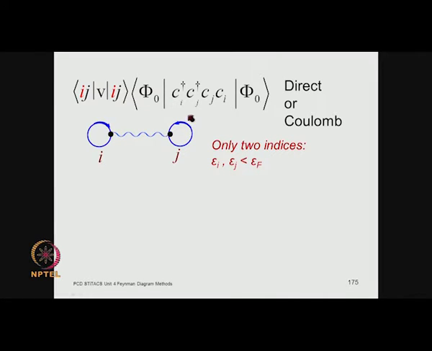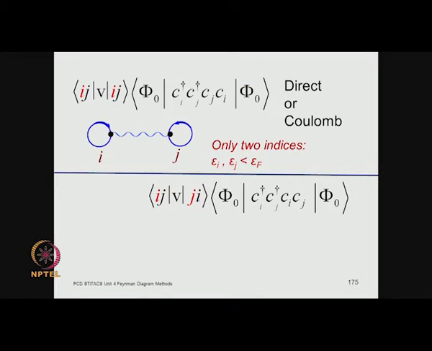This one we discussed a little while ago, and we have seen that we get this double bubble in this particular case, and this is coming from the direct interaction, or what is also called the Coulomb interaction. The other is when the indices switch their positions with respect to the vertices, that is when you have the exchange.